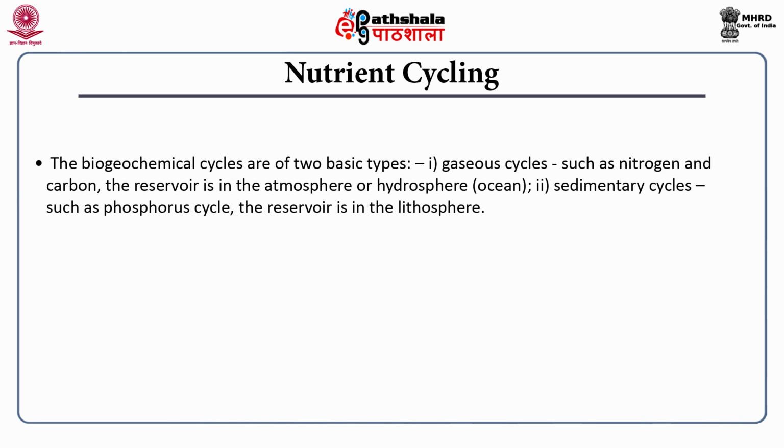Gaseous cycles, as the name indicates, are related to the cycling of gases, and examples are the nitrogen cycle and carbon cycle. The reservoir is in the atmosphere or hydrosphere, that is the ocean. Sedimentary cycles, an example is the phosphorus cycle. The reservoir is in the lithosphere.